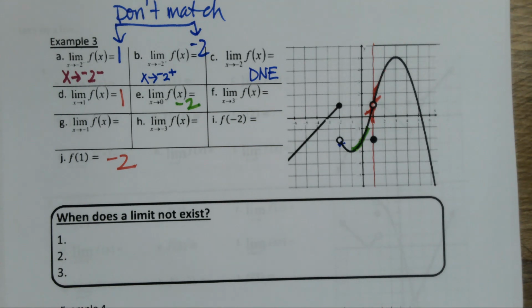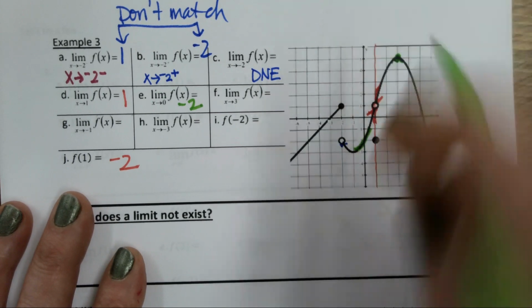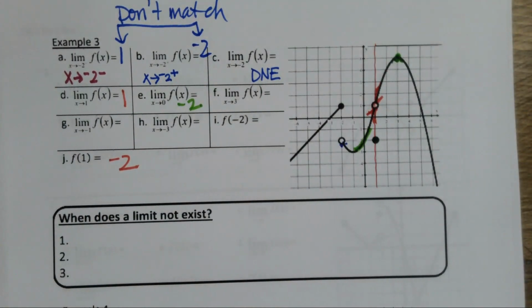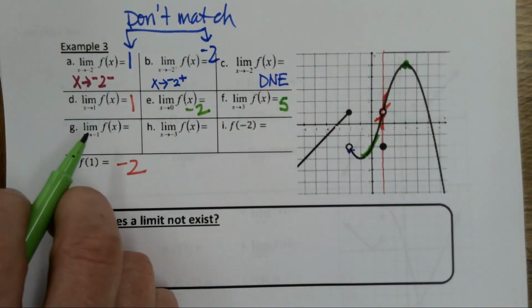Likewise, as x approaches 3, is there a break? Is there a hole? Is there a disturbance at 3? If I go up to this function at 3, nope, I've got this nice, solid, continuous place. What's my value at 3? What's my limit at 3? They're the same. Yeah. How about -1?